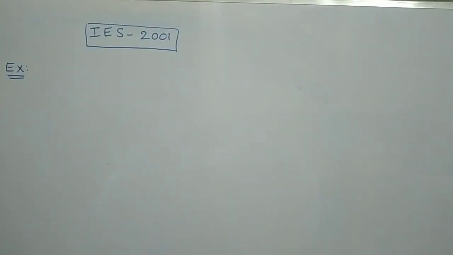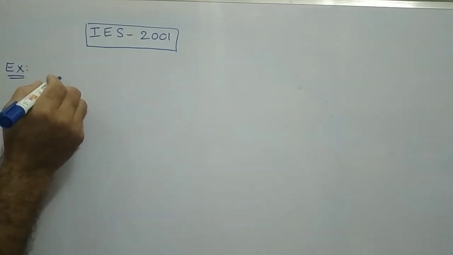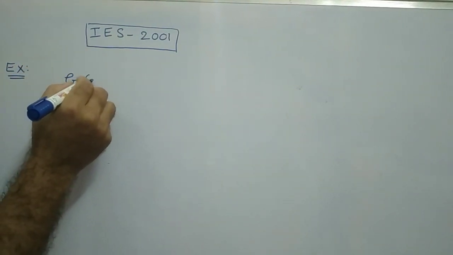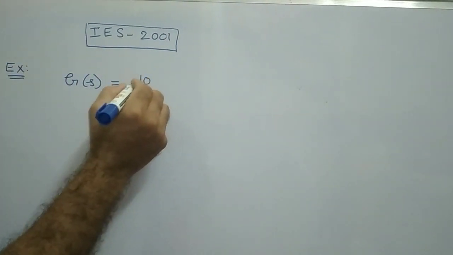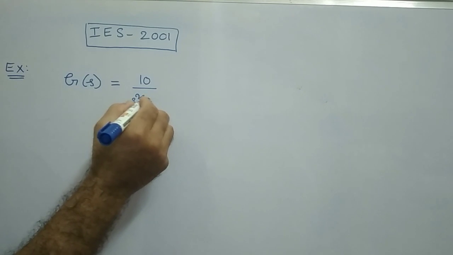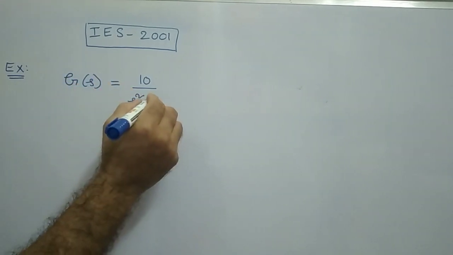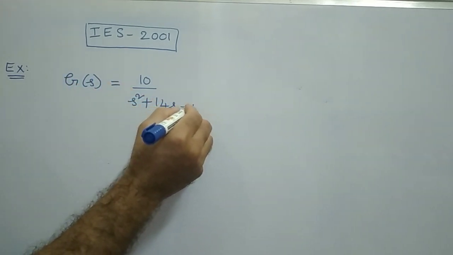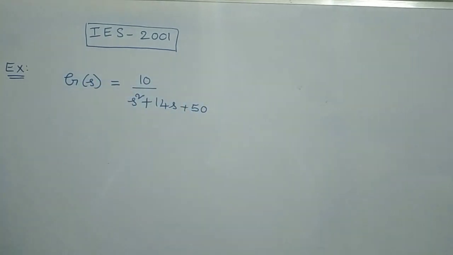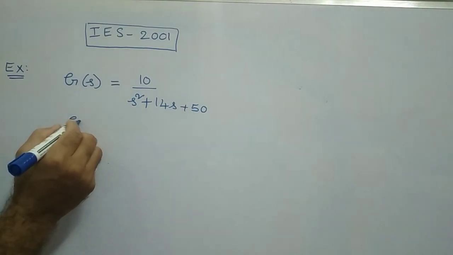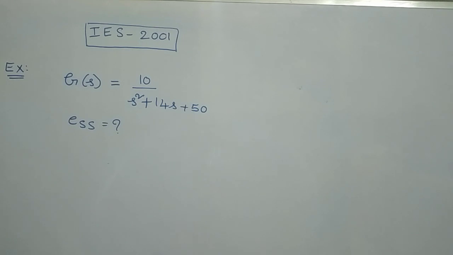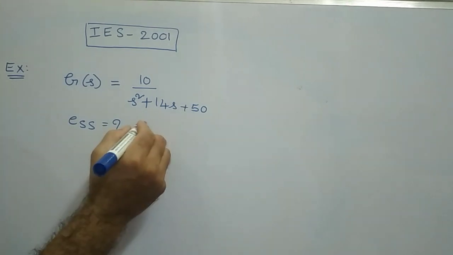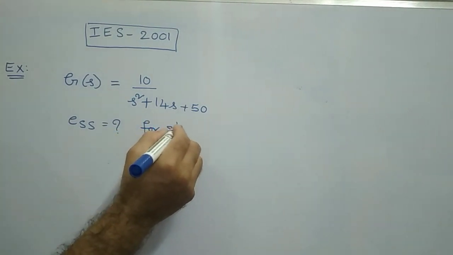The open loop transfer function is given directly: G of s is equal to 10 by s square plus 14s plus 50. The question is, what is ESS? What is the steady state error for a step input?